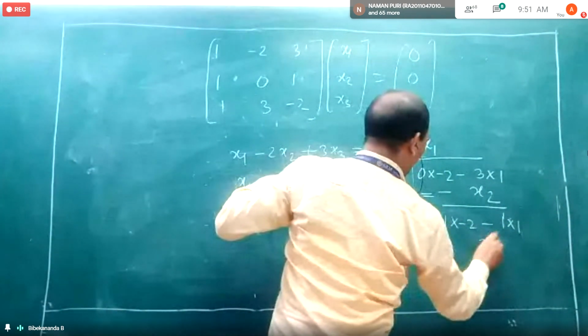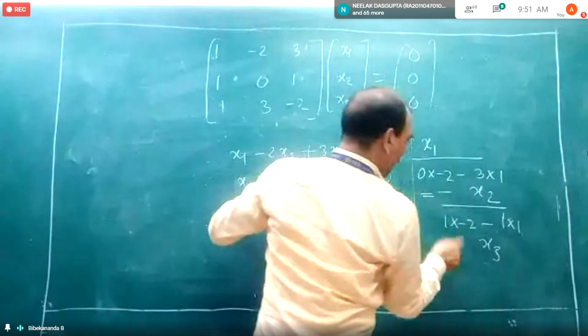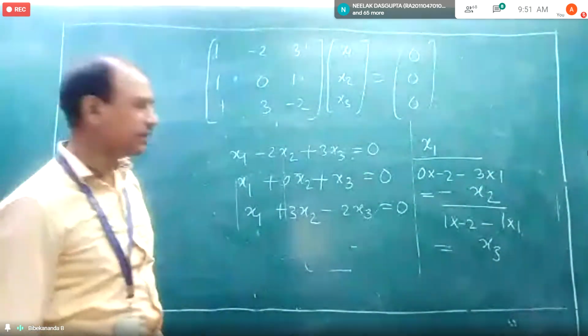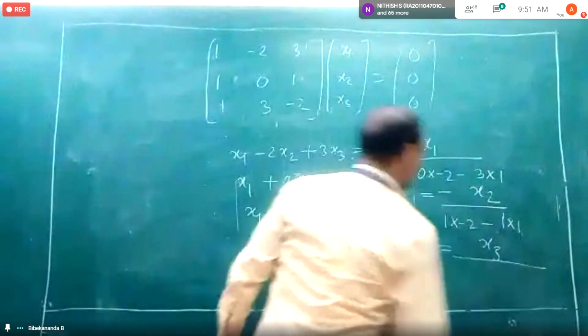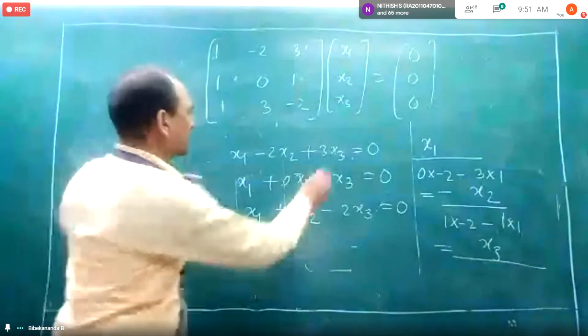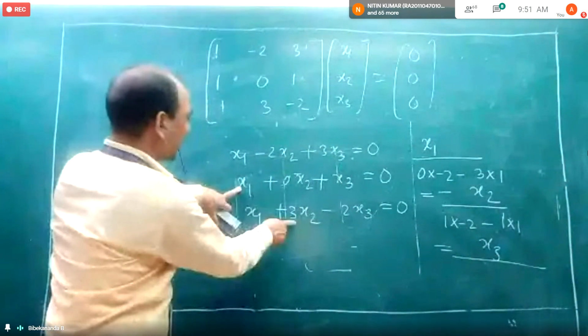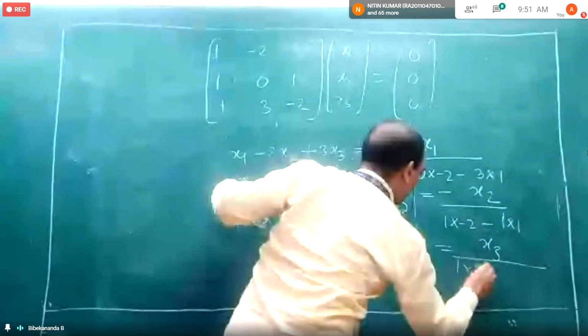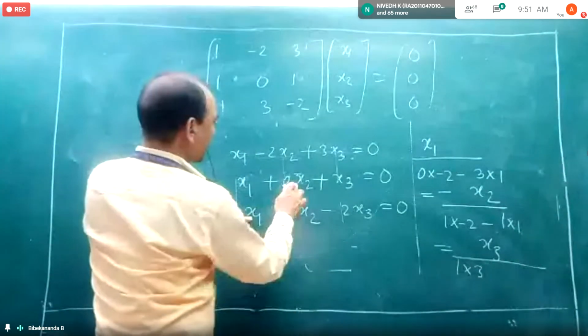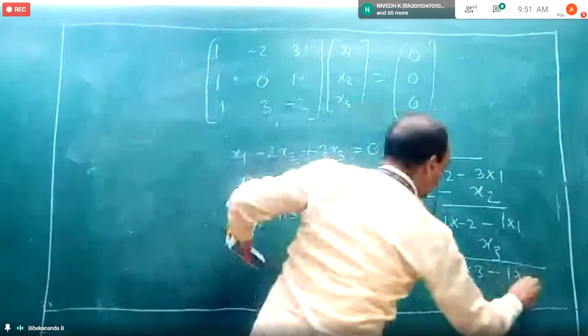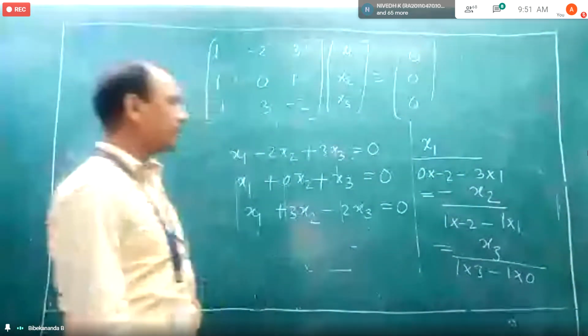That is equal to, plus minus plus alternatively. And then x3 divided by, x3 means neglect this column and this row. The remaining terms are 1 into 3 minus 1 into 0.